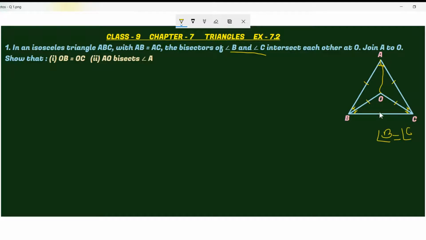When can we say this is an isosceles triangle? If these two angles are equal, then we can say these two sides are equal to each other. So already that is proved by this bisector OB.